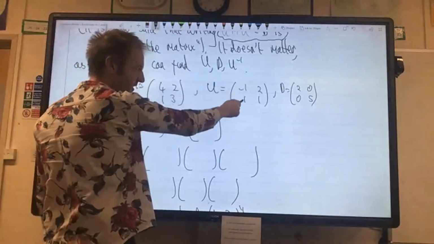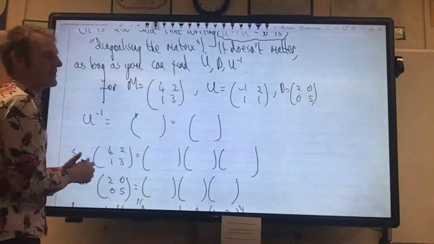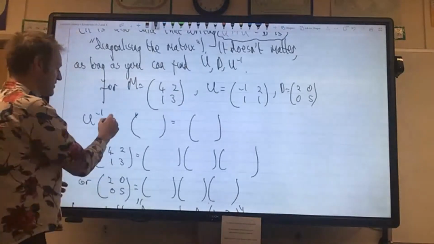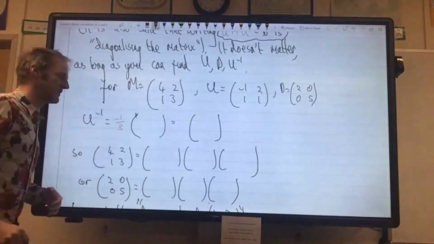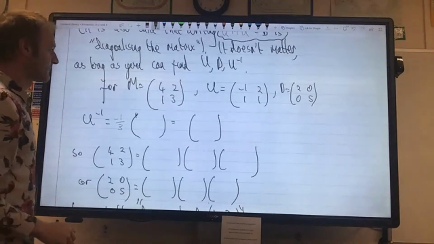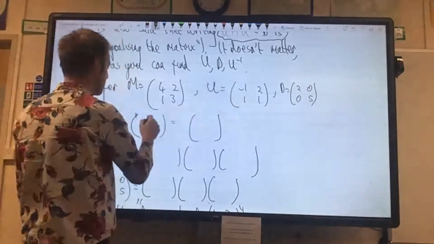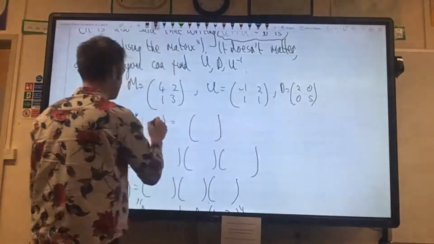The determinant is minus 1 minus 3, so the determinant's minus 3, isn't it? And you do 1 over the determinant, so it's minus a third. Yeah, carry on. And then you swap the 1 and the minus 1, and then you change the sign of the other ones.